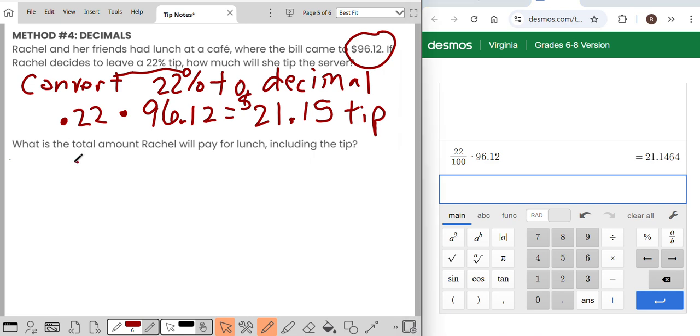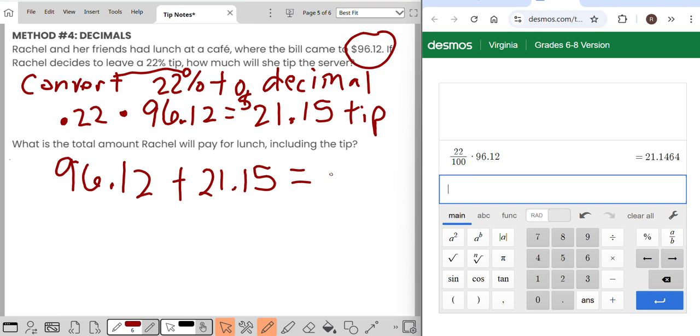Now the next question is asking, what is the total amount that Rachel will pay? Of course, just like before, to get a total, you start with the cost and you add your tip. So let's start with the cost, $96.12, and let's add the amount of our tip, which was $21.15. Again, it's right above there, so I could use answer, or I'm going to show you that you could go ahead and type it in. I don't prefer that, but you can do it.